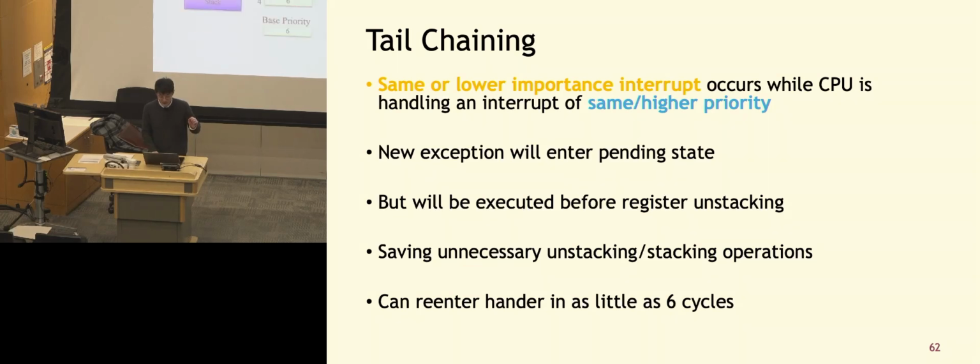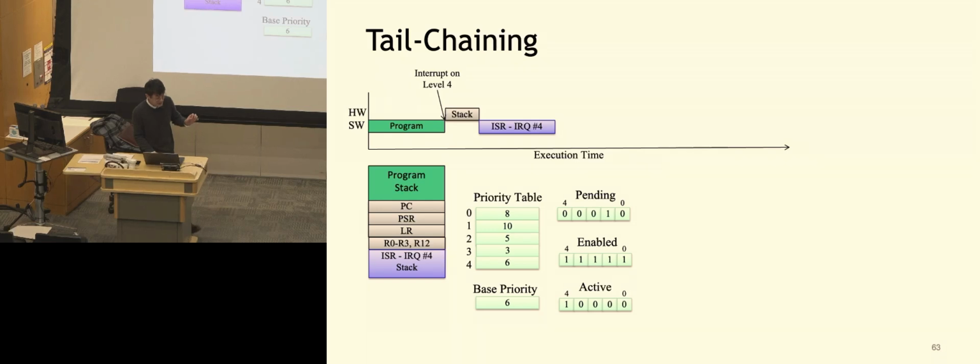Let me just show you in the graph, it's probably easier to look at. So here we have number 4 ongoing, and everything is stacked, and then we go to the number 4. And then there's another interrupt raised, which one is this? Yeah, number 1, which has the priority level of 10.